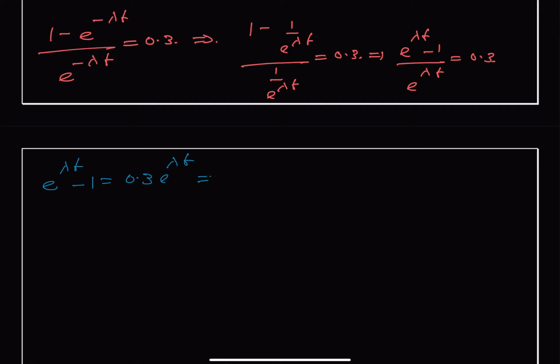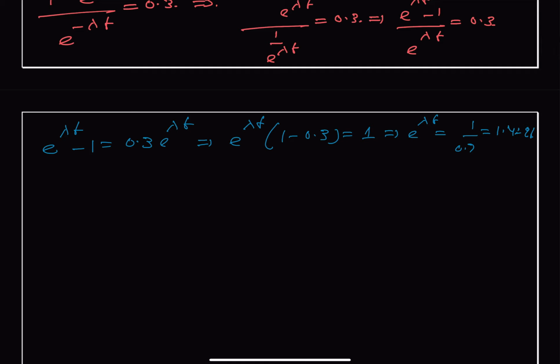And this can be further written as e raised to power lambda t is equal to 1 minus 0.3, which gives us that e raised to power lambda t is equal to 1 upon 0.7, and this comes as approximately 1.4286.